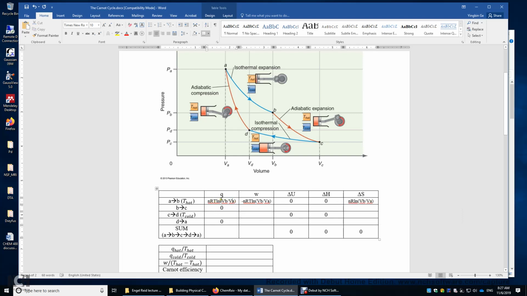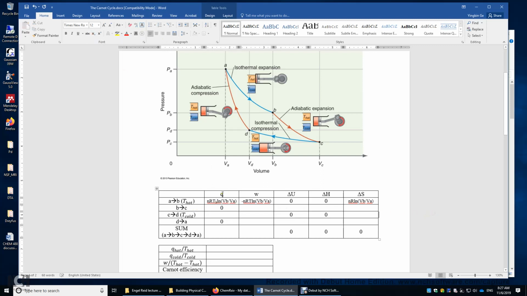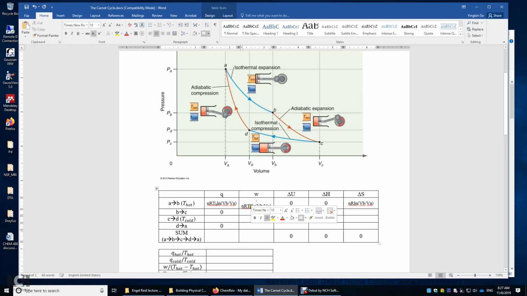So once we have this expression completed, we will be able to do the C to D step, which is also an isothermal step. But to distinguish T hot from T cold, I put a subscript here. This is T hot. And then all we need to do is copy and paste the first row into the third row.